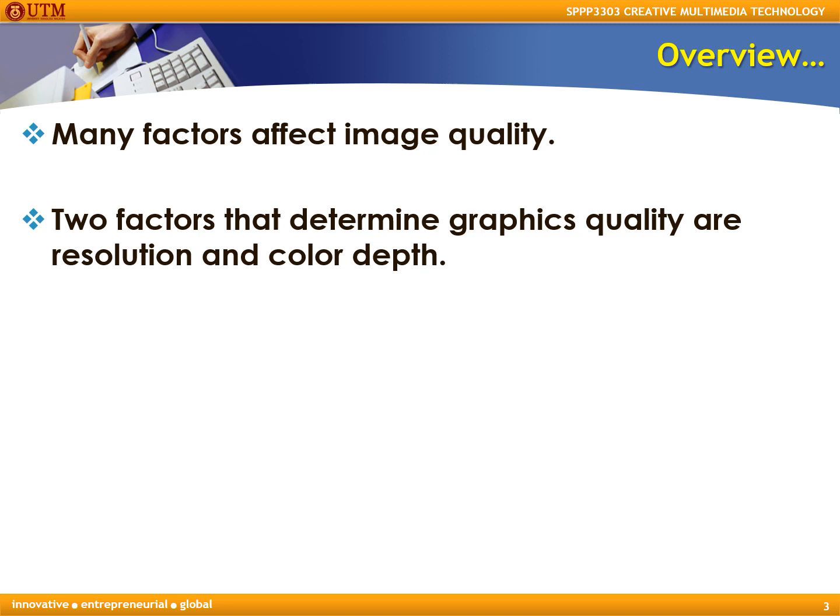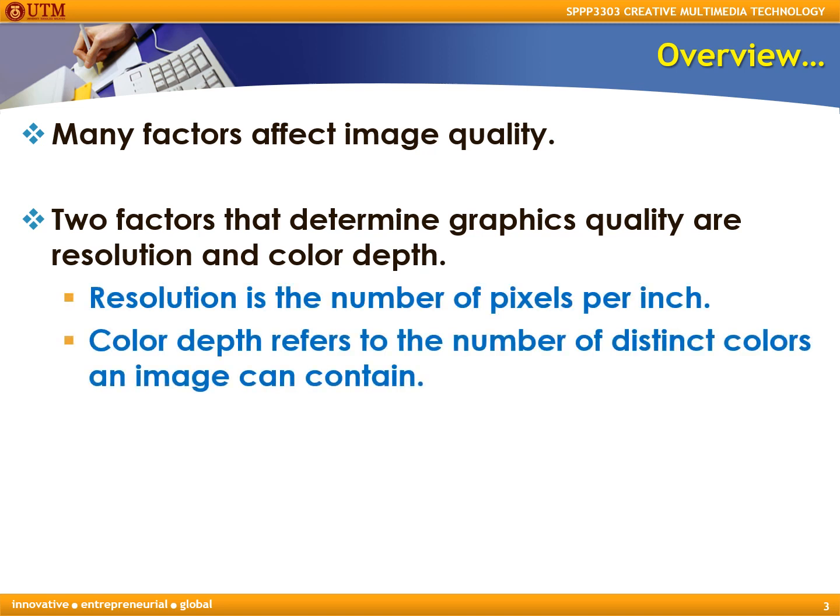As for your information, there are many factors that affect image quality, and we have discussed the type of the camera and the size of the image, but there are two main factors that determine graphics quality, which are the resolution of the image and the color depth of the image. Now, what is the resolution? The resolution is, in other words, the quality.